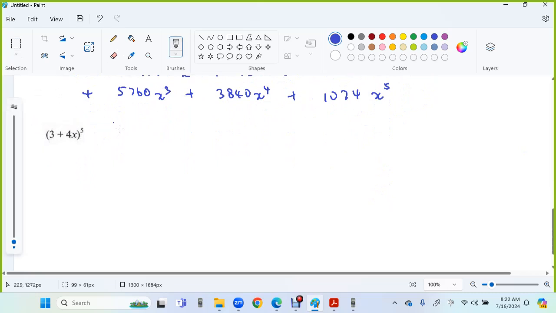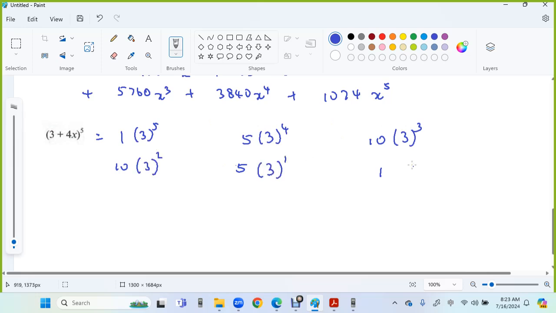If you want to use Pascal's triangle, then we have 1 5 10 10 5 1, then 3 to the power 5, 3 to the power 4, 3 cubed, 3 squared, 3, and then no 3 here, and 4x to the power 5, 4x to the power 4, 4x cubed, 4x squared, 4x.